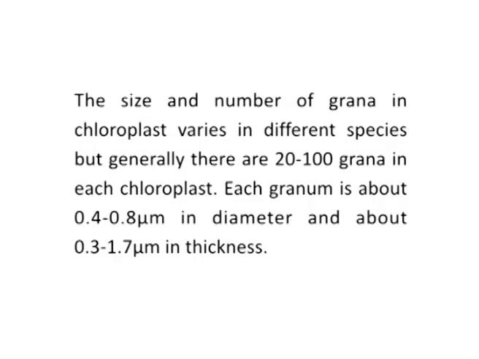The size and number of grana in chloroplasts varies in different species, but generally there are 20 to 100 grana in each chloroplast. Each granum is about 0.4 to 0.8 micrometer in diameter and about 0.3 to 1.7 micrometer in thickness.